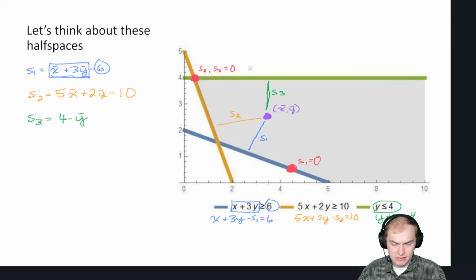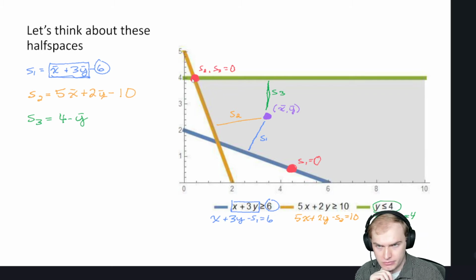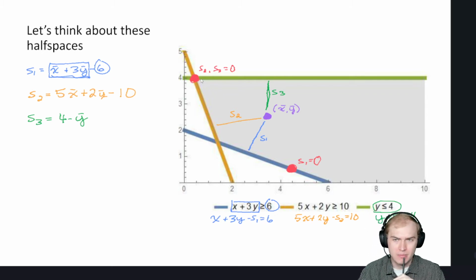And maybe this is piquing some remembrance for you. Remember, when we were finding basic solutions, we were picking some variables and setting them equal to 0. So we're going to formalize how that should give you a hint as to how a basic solution corresponds to an extreme point.